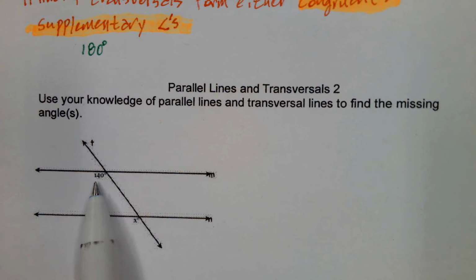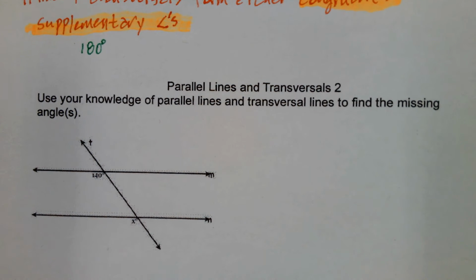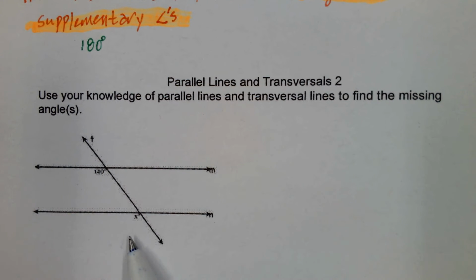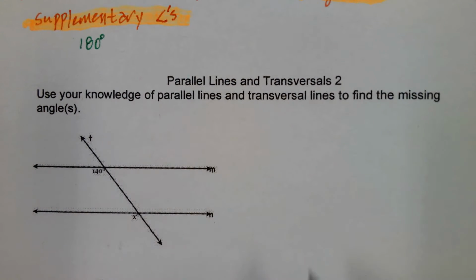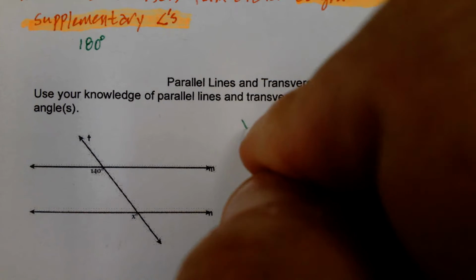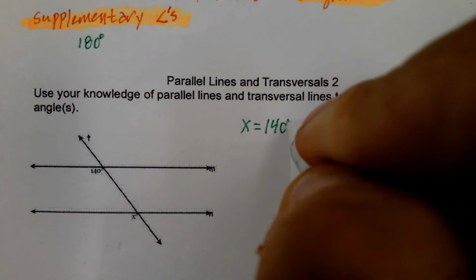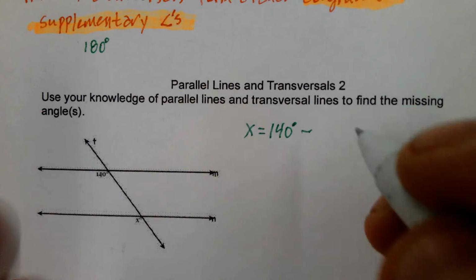What's the relationship between this angle that's 140 and the one that's x? We're looking for words like corresponding, vertical, alternate interior, alternate exterior. These are corresponding. So we could just say x equals 140 degrees, and the reason is corresponding angles.